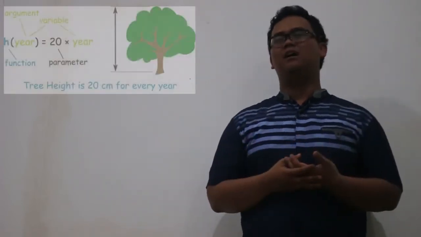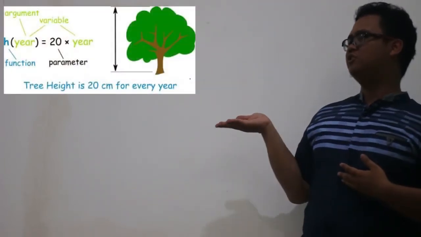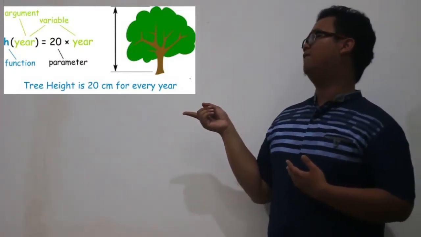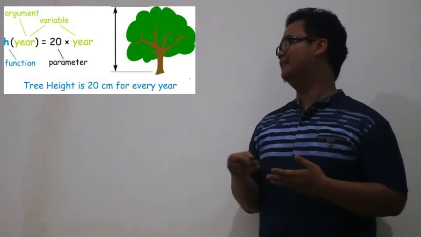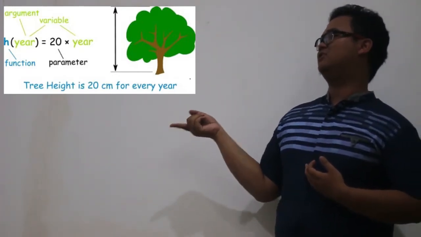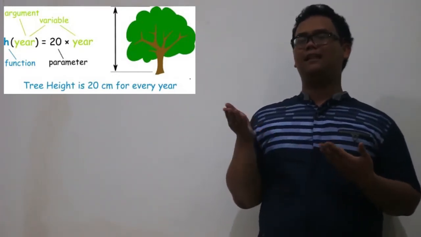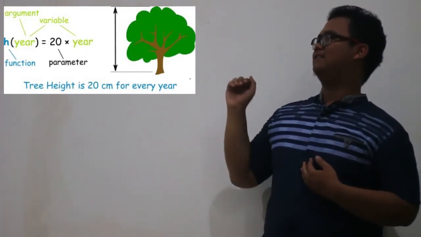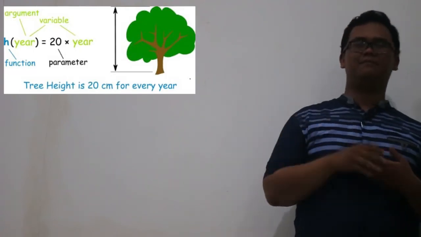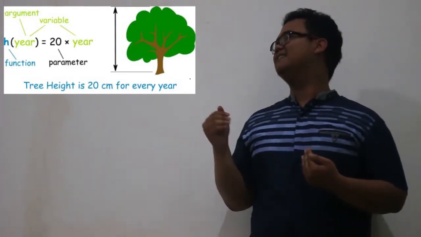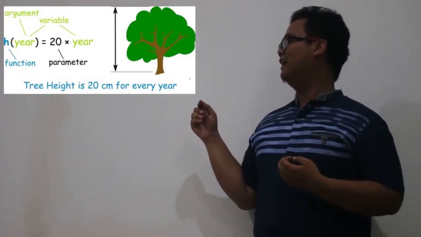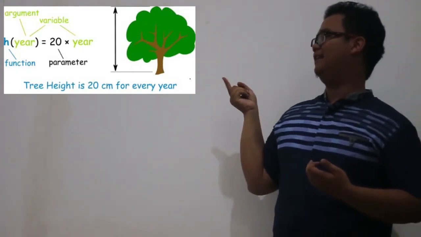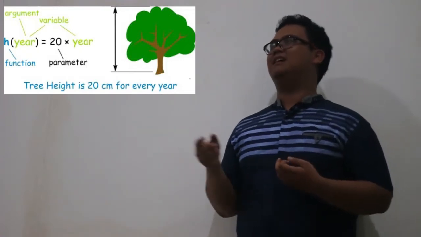For example, we can see the tree out there is 4 years old, and the second one is 3 years old. How much length can that tree grow? You multiply 20 by the age of the tree.